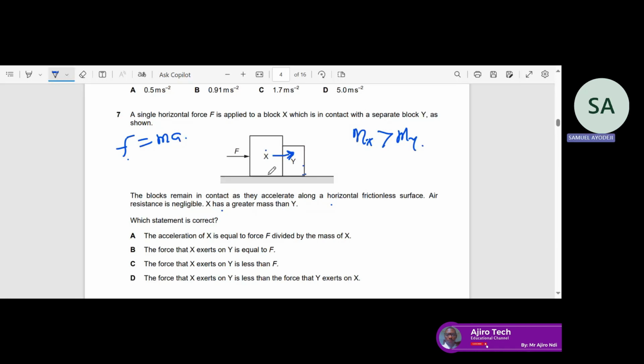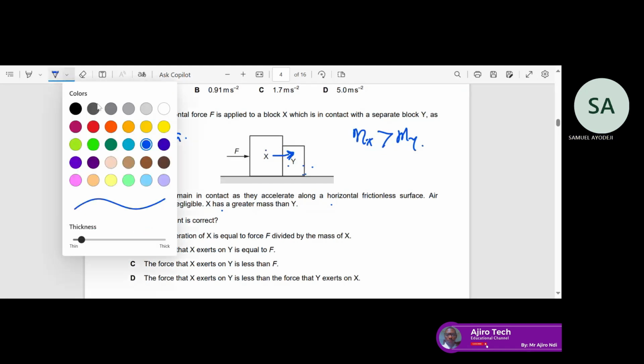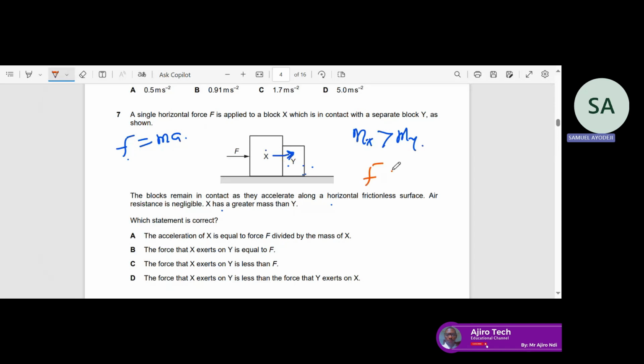They will have the same acceleration. When X exerts this force, it will push the block and Y also will move. But the force that Y experiences is going to be lesser than that of X. Why? Because we have F is equal to MA. So definitely, acceleration is going to be the same.